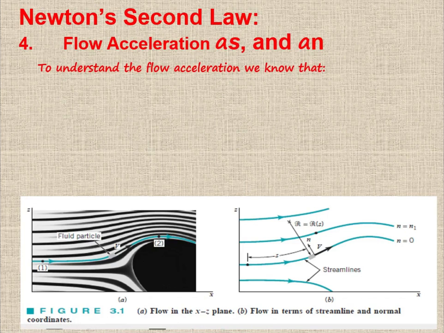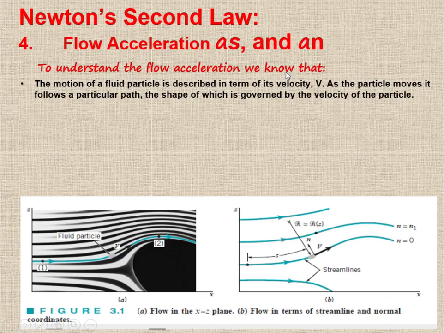Now the next consideration we are going to make is the flow acceleration, that is AS and AN. Under flow acceleration, the motion of a fluid particle is described in terms of its velocity v.